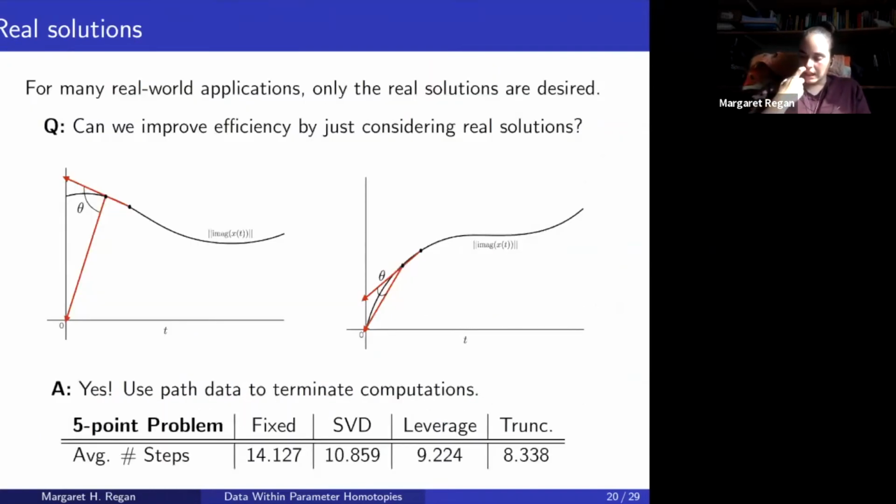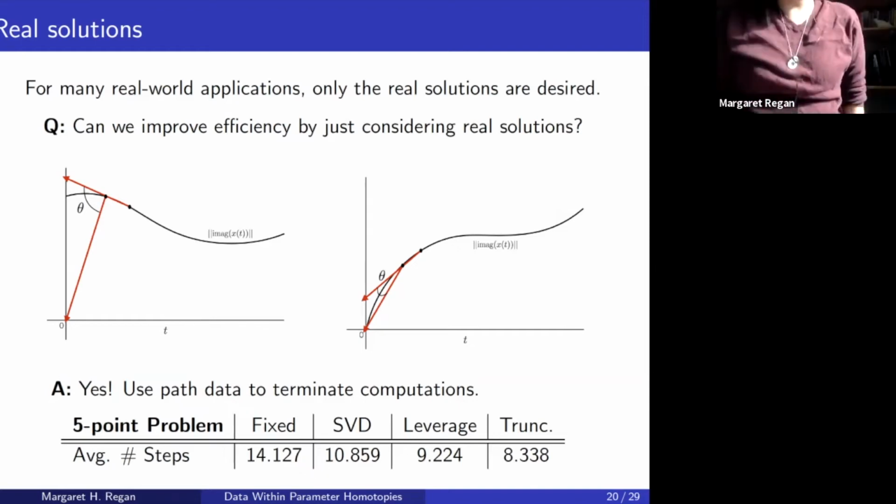And so the other thing related to these projects is that we have this efficiency, we have the ability to use adaptive randomization to maybe speed up our computations, take a fewer number of steps. But we also don't care about the complex solutions, right?